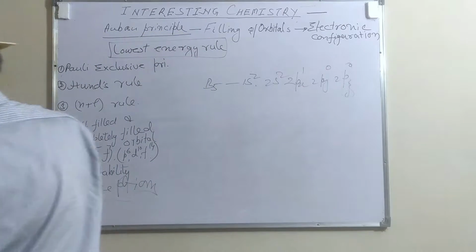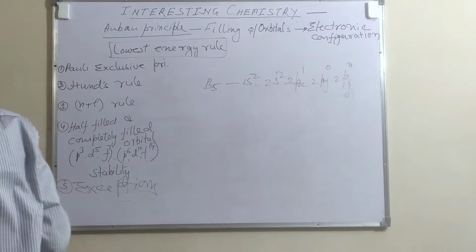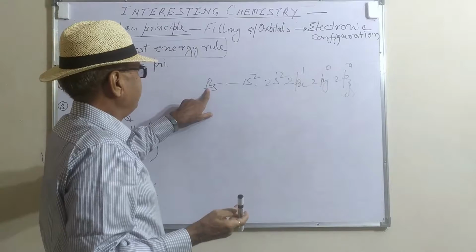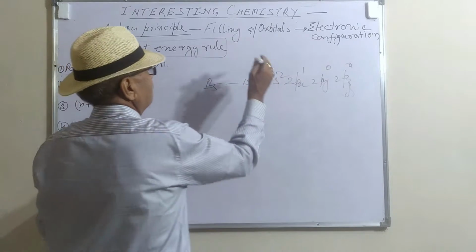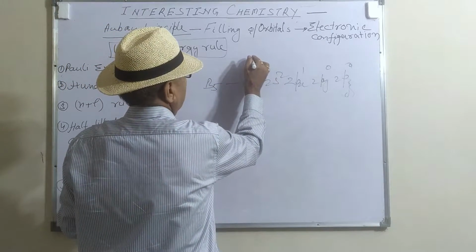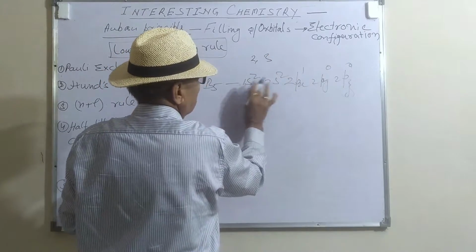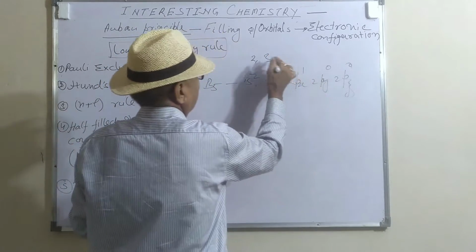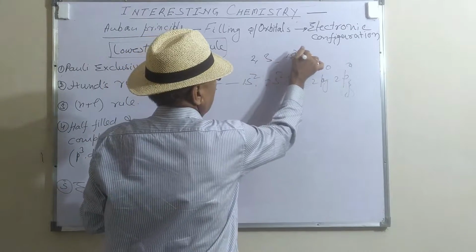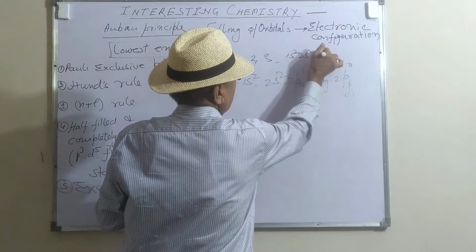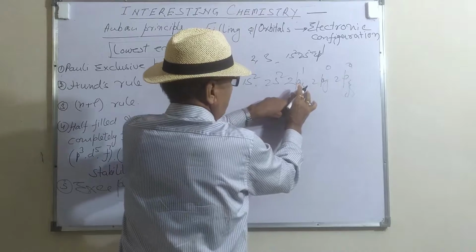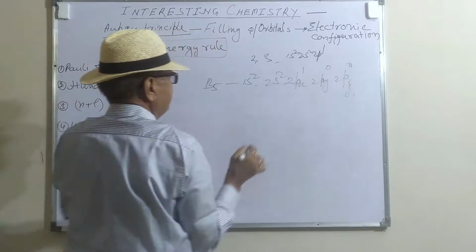This is boron I have taken. B5 means 1s2, 2s2 and 2p1. I have shown this p1 here by px.